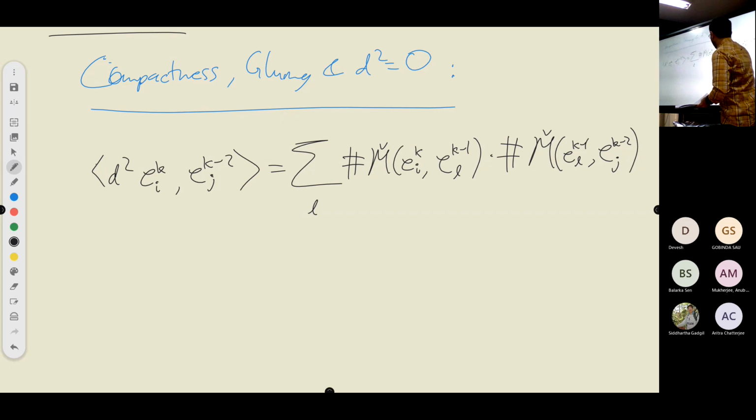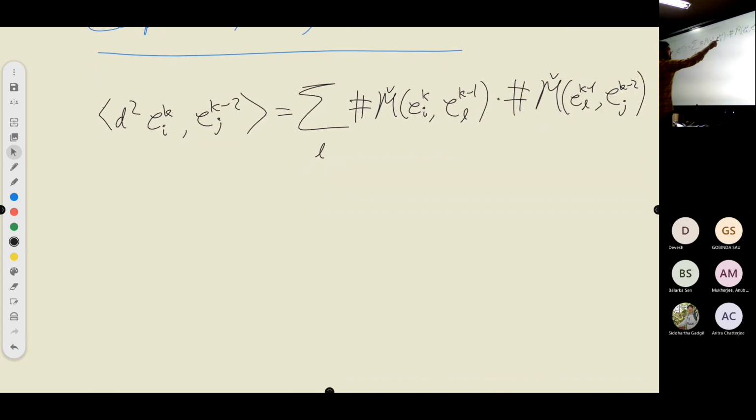You sum over all critical points L that lie between e_i and e_j, and you look at all these moduli spaces and sum them up. I've already mentioned in the notation that these points are going to have index lying exactly between k and k minus 2. So what are these trajectories looking like? We have critical points of this sort. You have trajectories that go along like this. I'm using the wrong color scheme. Give me a sec.